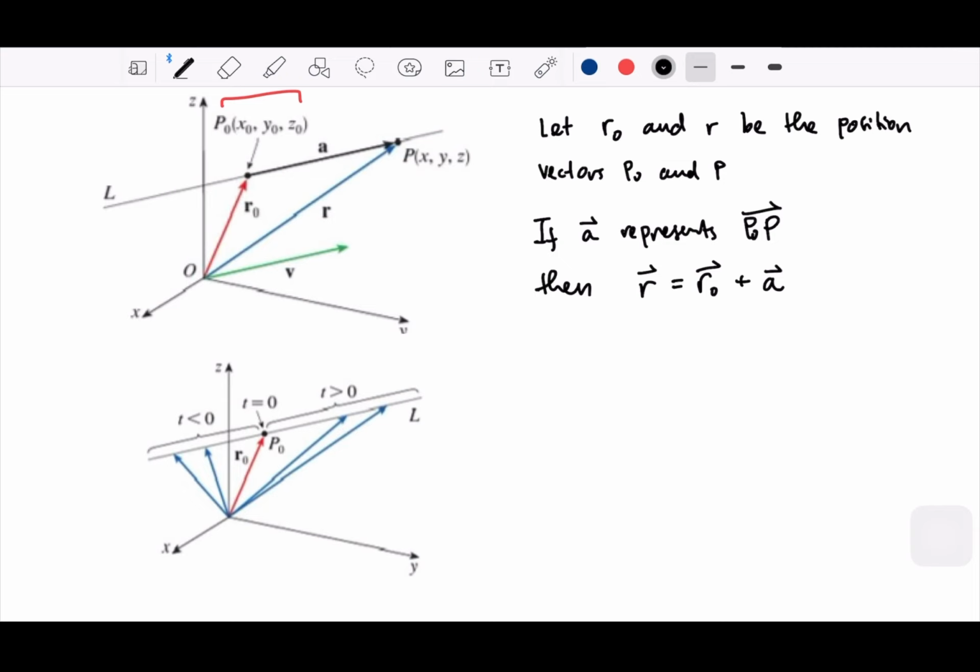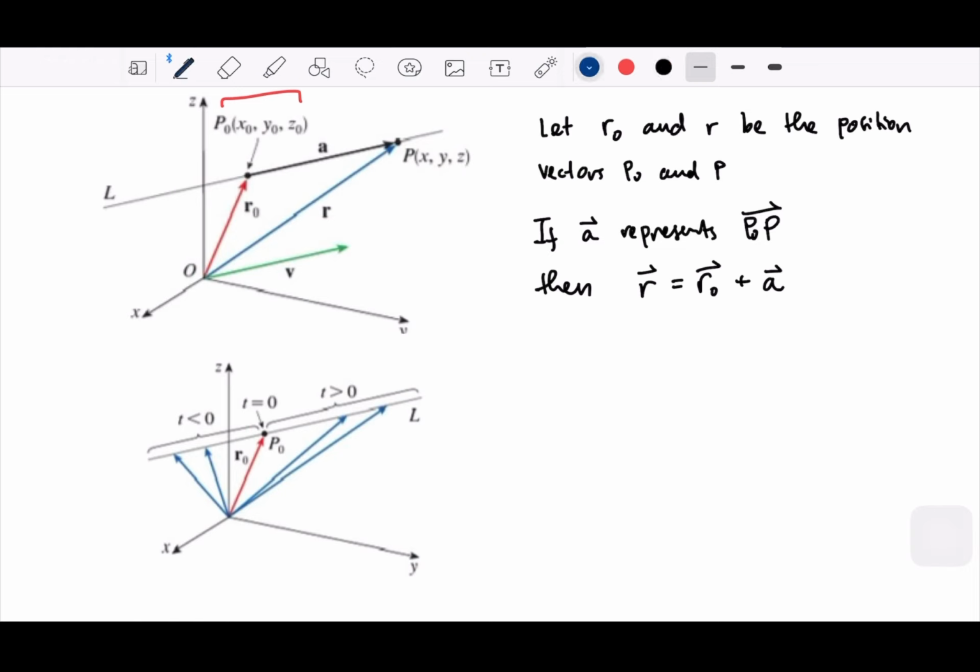We'll see that the results on the final vectors will have different lengths. It depends on this T, which we call the parameter: T equals 0, T greater than 0, or T less than 0.